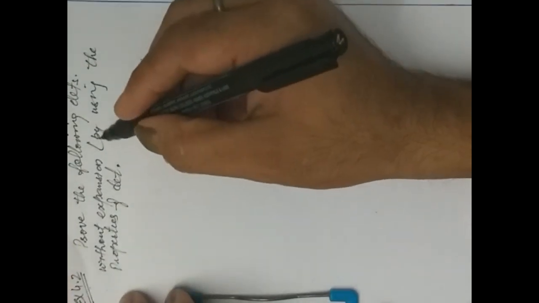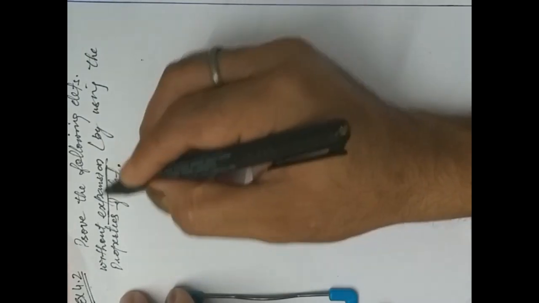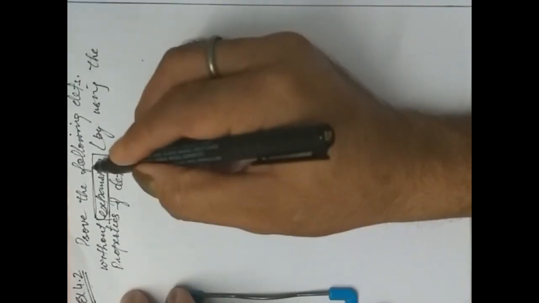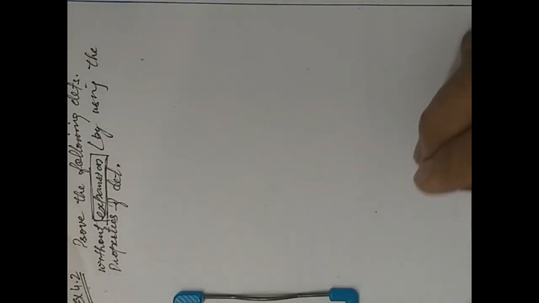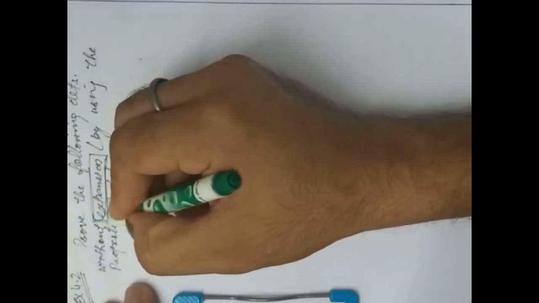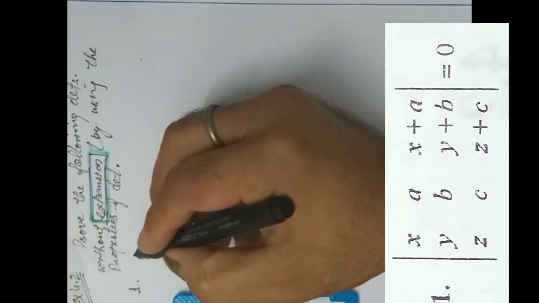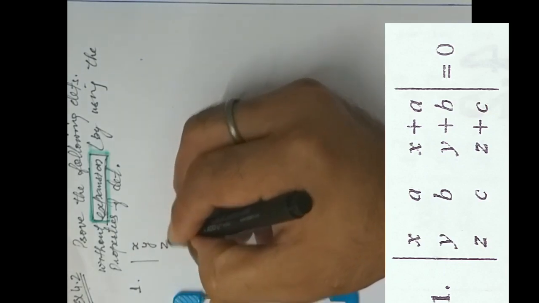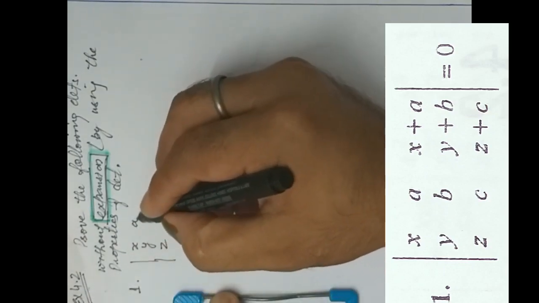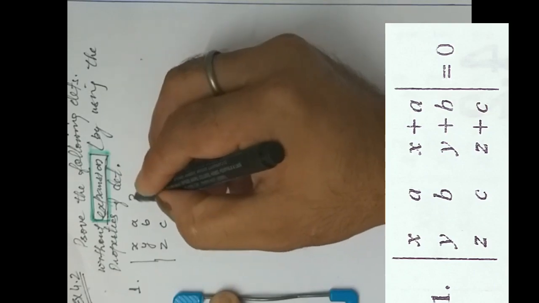What is this expansion? You understood this word expansion means that you cannot evaluate by row or by column. You have to use the properties which we just studied, and then using those properties we have to evaluate. We cannot expand.